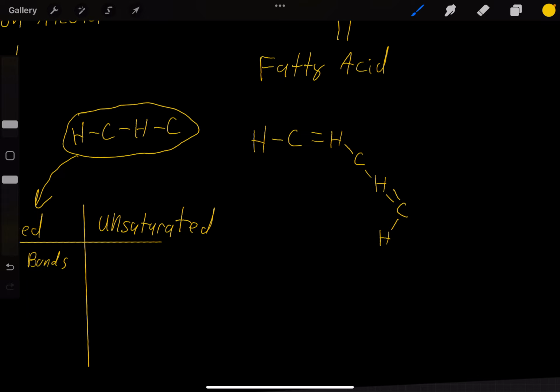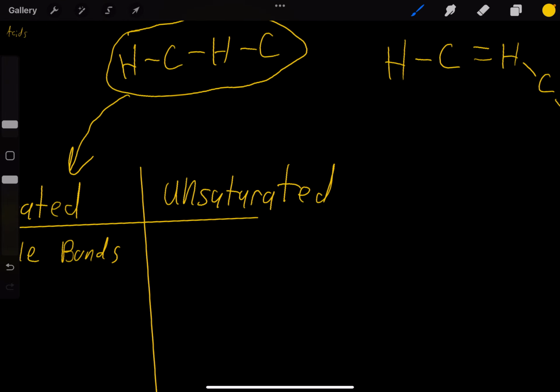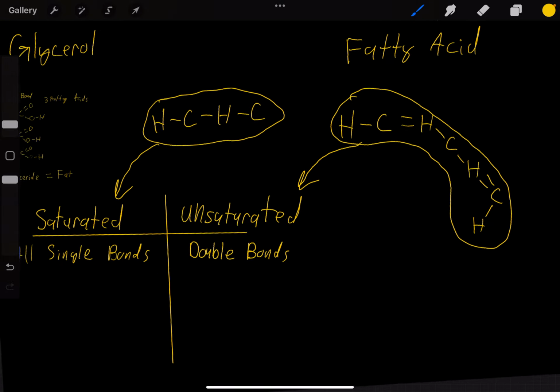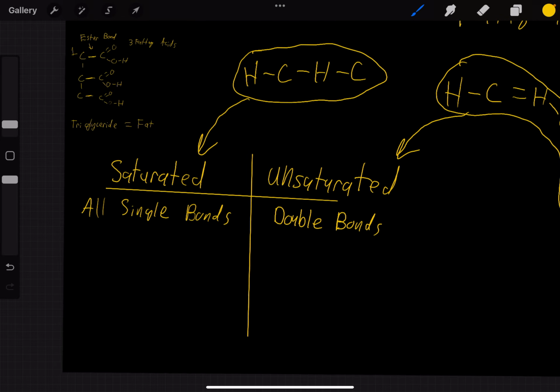So when you have one or more double bonds, then this is what would be an unsaturated hydrocarbon.